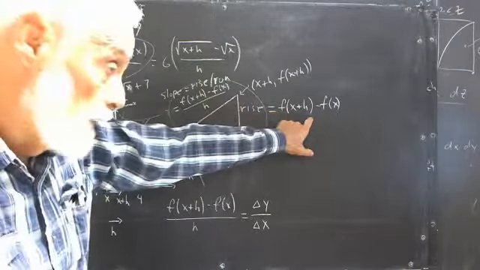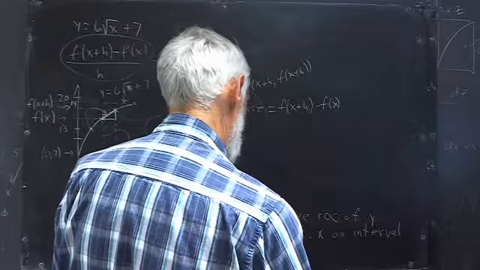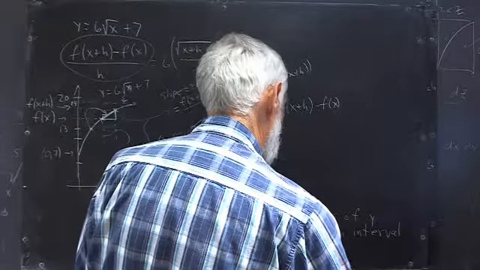The run is the change in the x value, and that's h, so we have rise divided by run, change in y divided by change in x, and this is the average rate of change, ROC standing for rate of change, of y with respect to x, WRT standing for with respect to, on the interval from x to x plus h.